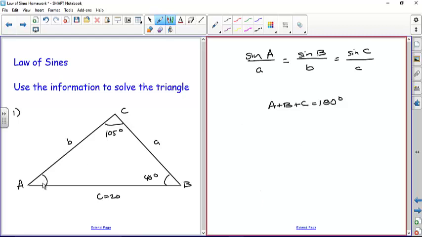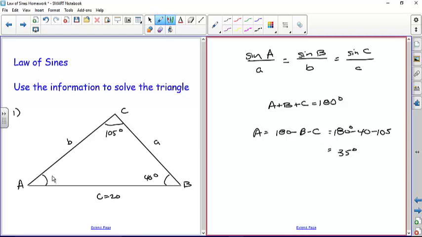So we can determine angle A. The measure of angle A is 180 minus B minus C. So that's 180 minus 40 minus 105. So that's 180 minus 145, which is going to be 35 degrees.